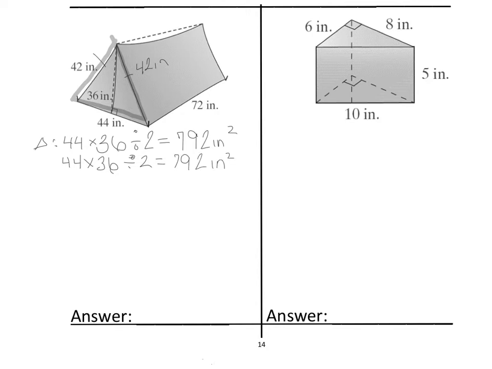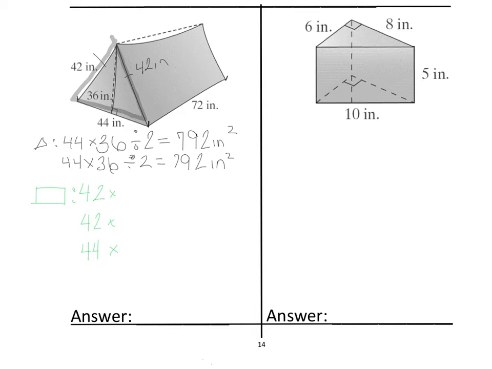Now we have to deal with the rectangles. The easiest way that I know how to deal with the rectangles is to say, what are the 3 sides of your triangle? The 3 sides are 42, 42, and 44. Now, we have to talk about the height of the prism. The height of the prism is the one number that is not on the triangle.